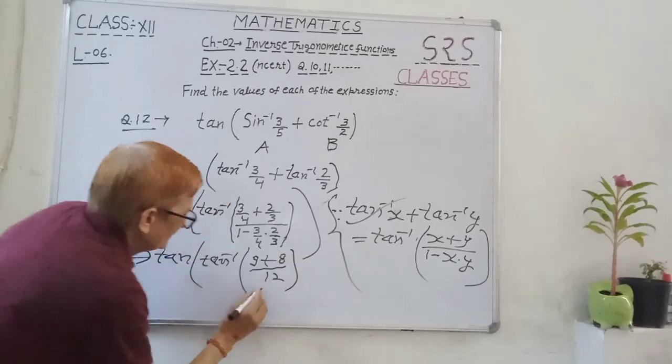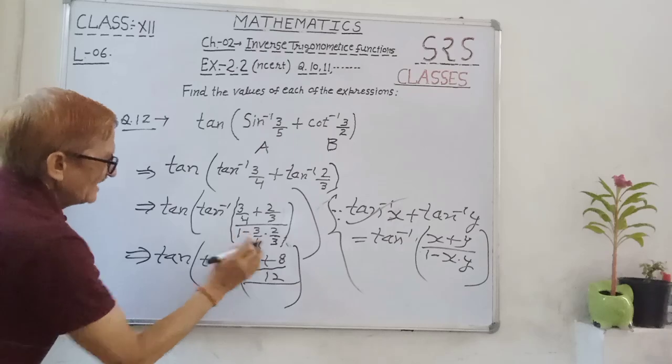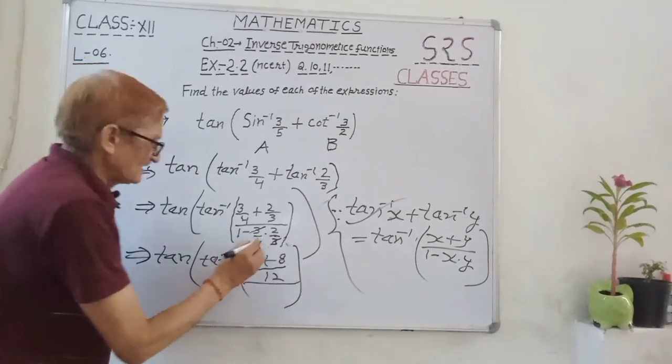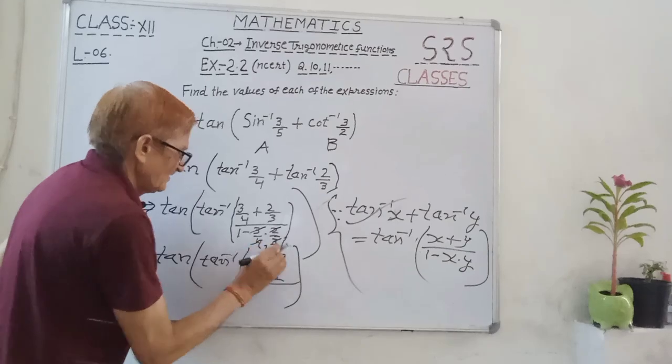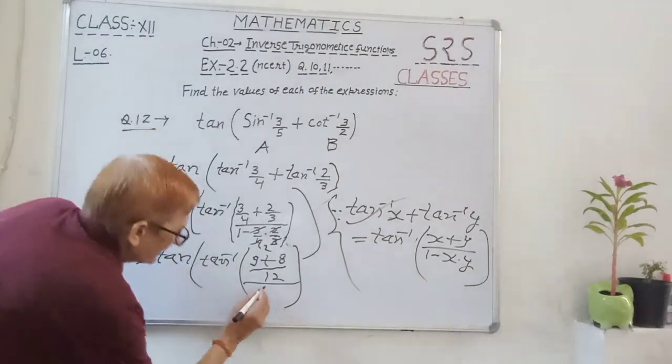Divide by 1 minus this: simplify, 3 3 cancel, multiply in between, 2 2s are 4, then it is 1 upon 2. 1 minus 1 upon 2 is 1 upon 2.